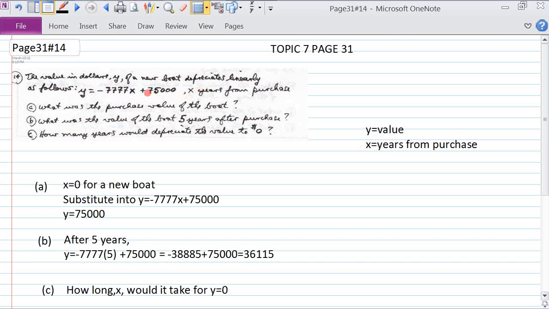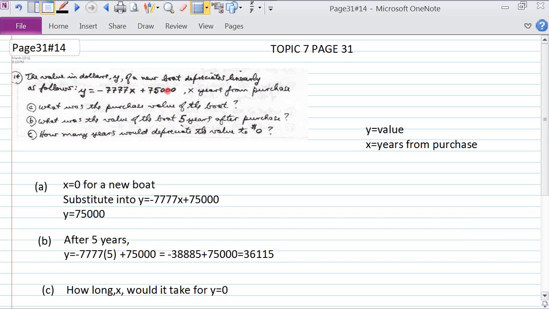So here, imagine that you went into a showroom for a boat and you spent $75,000 on it, and you want to know how much it went down each year. Well, according to this formula, this particular boat would go down by $7,777 for each year from the year of purchase.